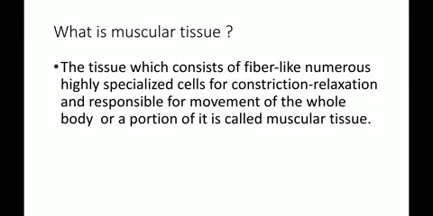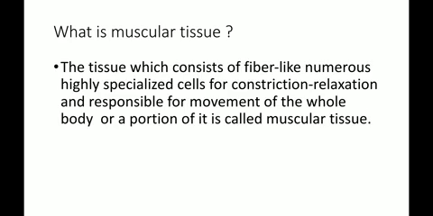Before starting the structure and function of muscular tissue, you have to know what muscular tissue is. The tissue which consists of fiber-like, numerous, highly specialized cells for constriction and relaxation, and which is responsible for movement of the whole body or a portion of it, is called muscular tissue.